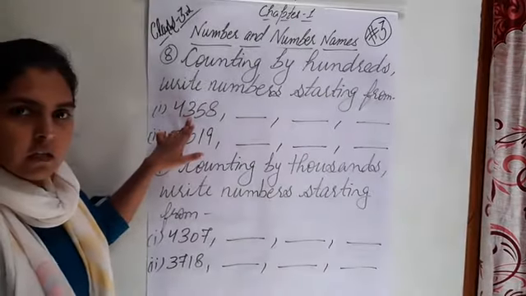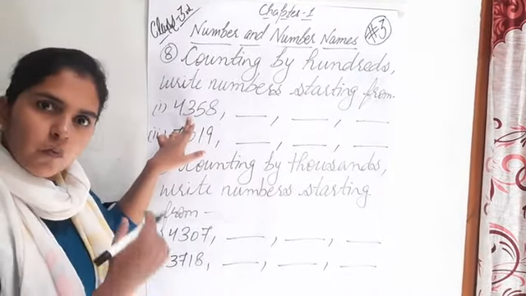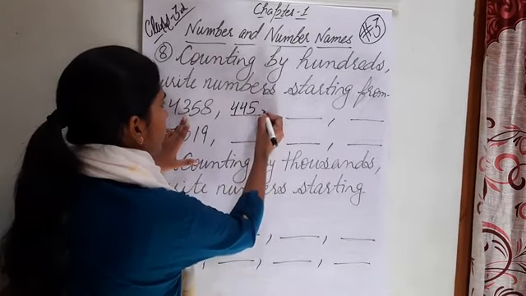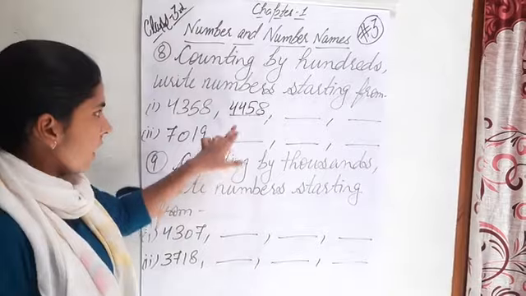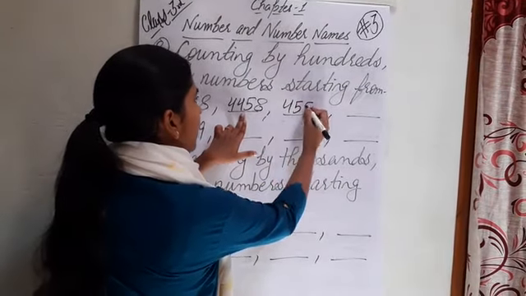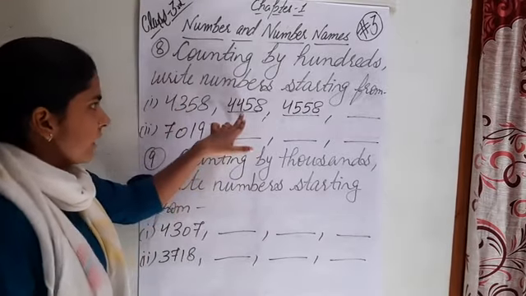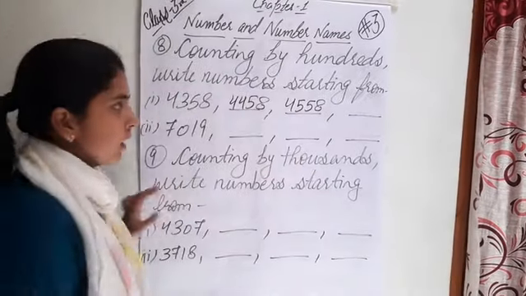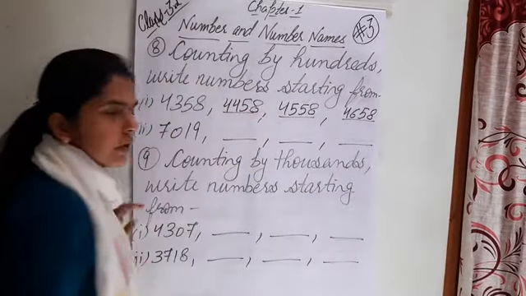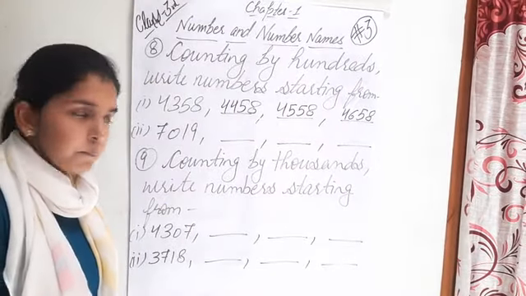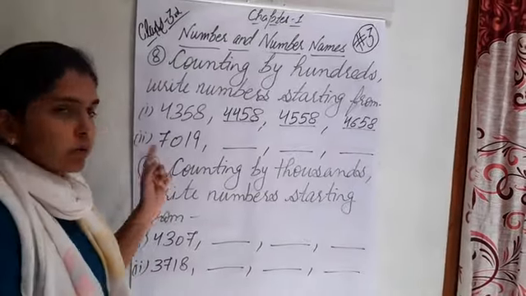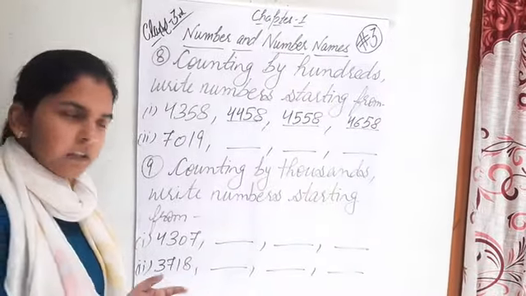So this time 3 is there, so next time 4 will be there. So 4458. Next time 5 will be there. 4558. Next time 6 will be there. 4658.